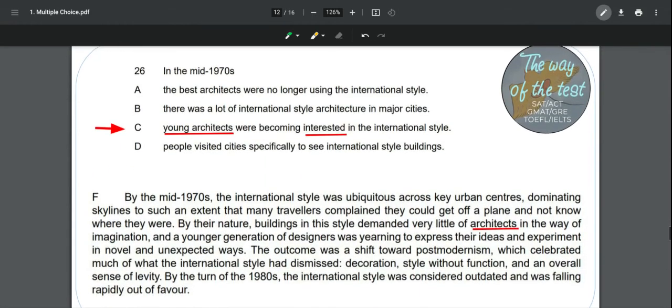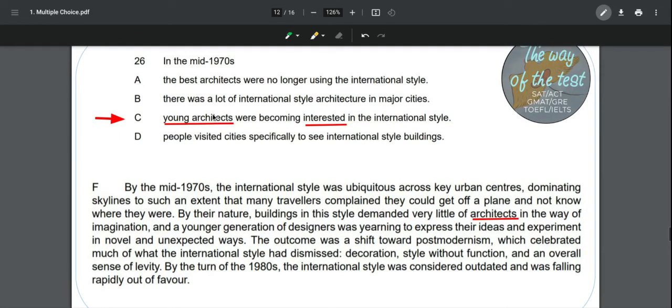Let's see alternative C. Young architects were becoming interested in the international style. So we look for the word architects. Again, it doesn't say anything about young architects. It only says the word architects. So just by that superficial reason, we can eliminate this. Now, they do have the word young here, right? But they don't say younger generation of architects.